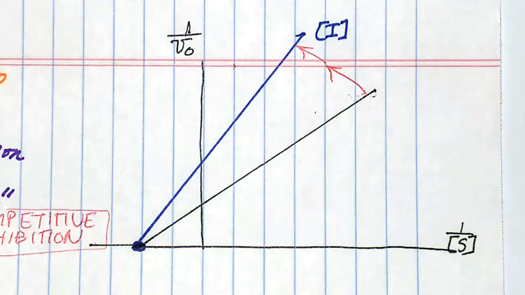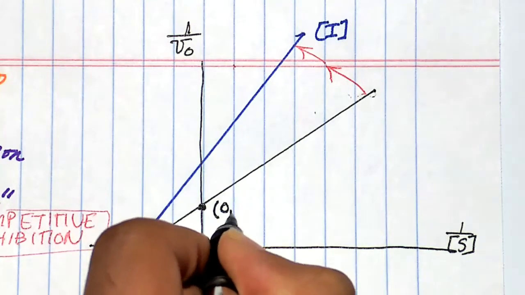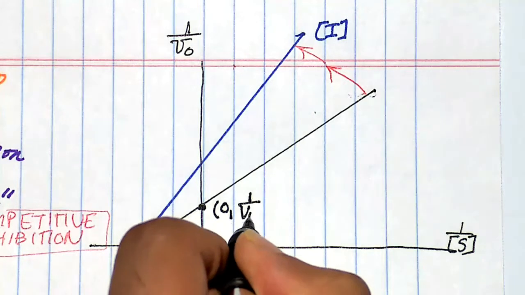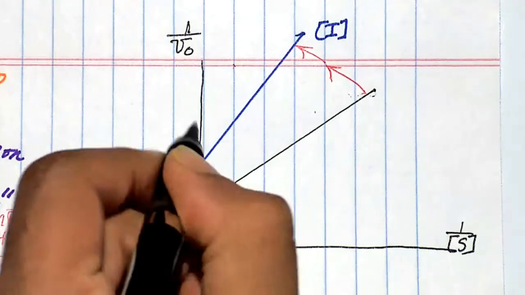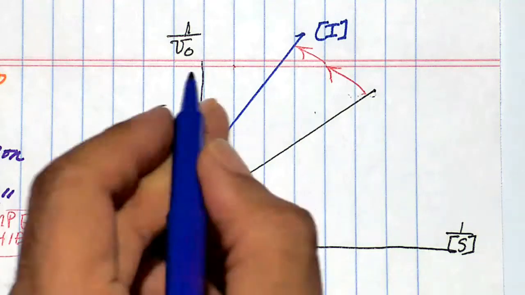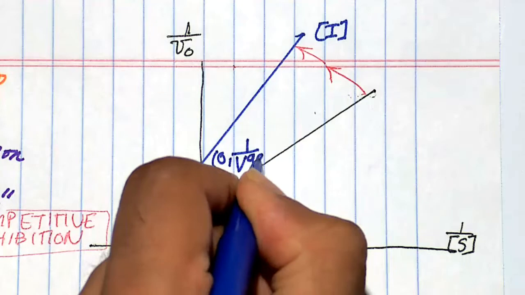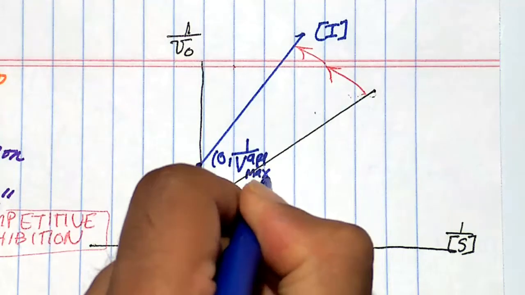So what does this mean? Well, let's look at our intercepts. We'll look at the intercept for the situation where there is no non-competitive inhibitor, and that is going to be 0, 1 over V max. And in the presence of a pure non-competitive inhibitor, we have 0, 1 over apparent V sub max.